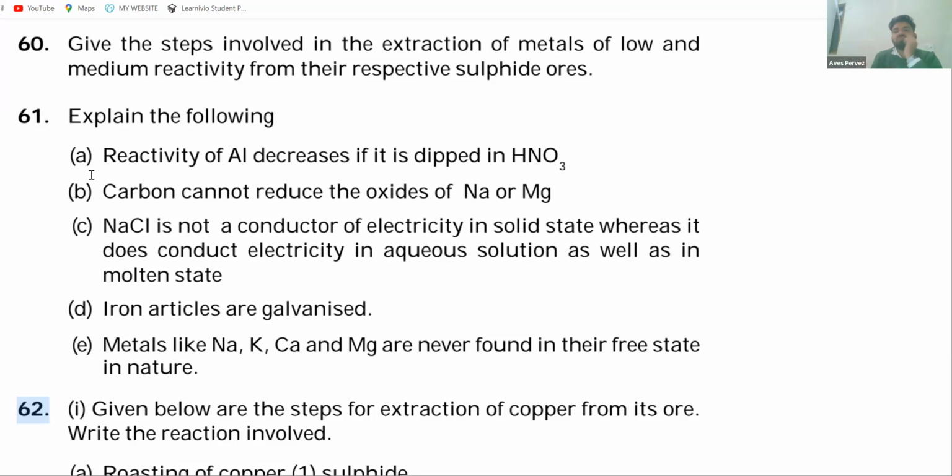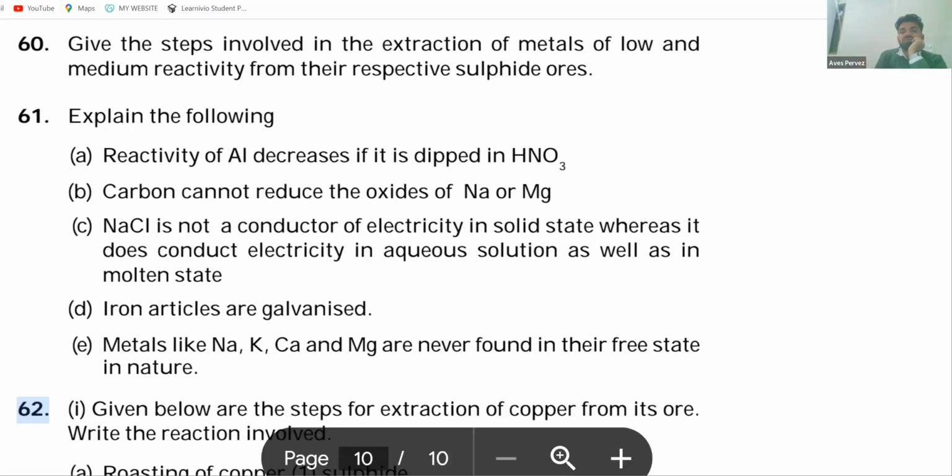Part B, question number 61. In your copy you have written the table like this: potassium, then sodium, then calcium, then magnesium, then aluminium, then manganese, then carbon, then zinc, iron, tin, lead, and hydrogen.